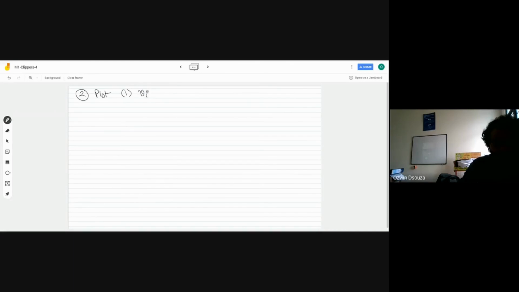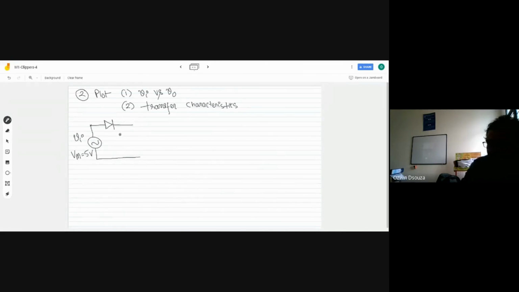Plot first VI versus V0, that is input versus output, and the second one is the transfer characteristics. For the circuit shown below, this is the circuit. This is your VI, whose maximum voltage is 5 volts.